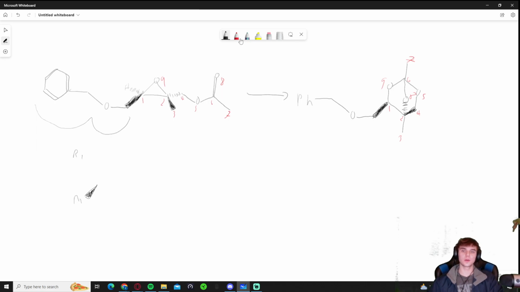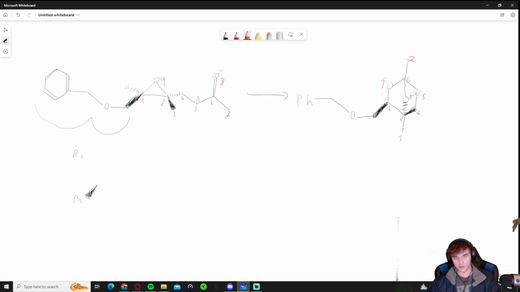Actually, we can show the first part of the mechanism right here. Label in orange. We need to draw its lone pairs first, because we're using them.